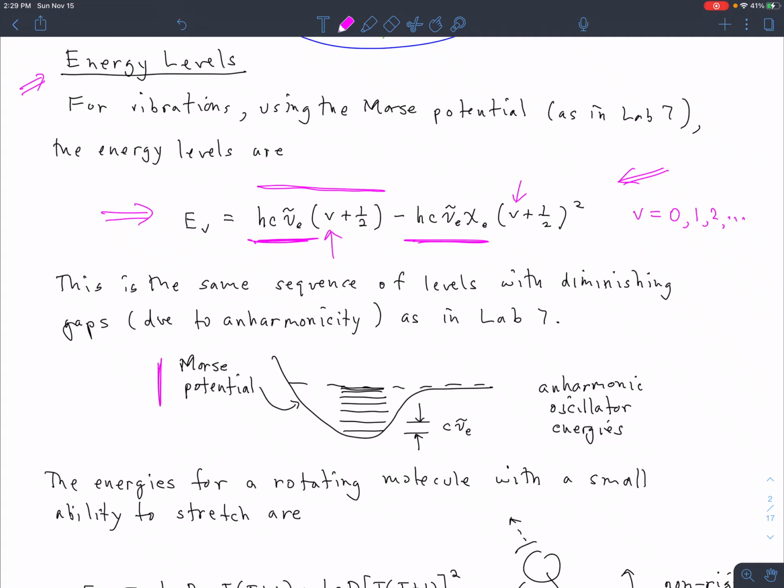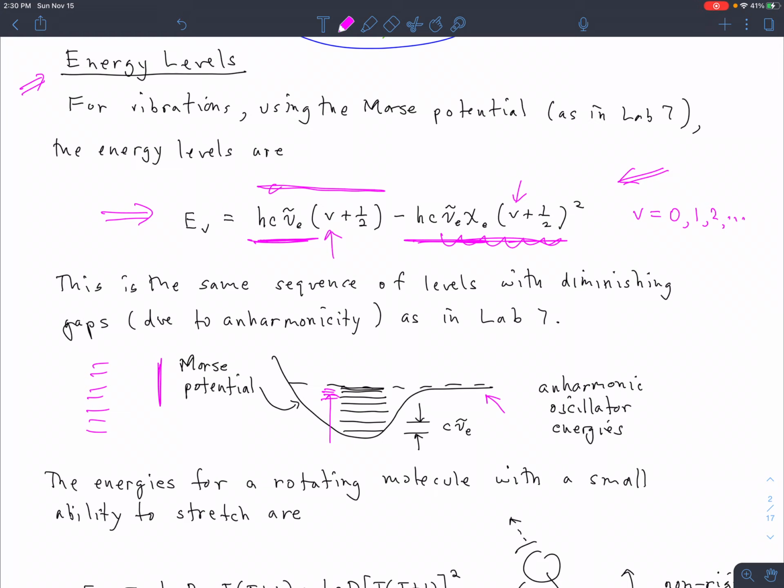With the Morse potential, that comes from the fact that as the vibrational levels get higher and higher, a pure vibrational harmonic oscillator has equally spaced energy levels, but this is not a pure harmonic oscillator. As you get toward the top of the energy well, the Morse potential energy well, the levels start getting closer together, and this term, as last time, corrects for that.